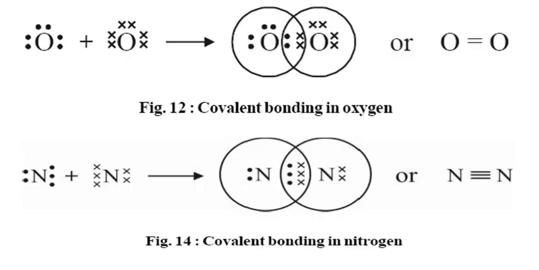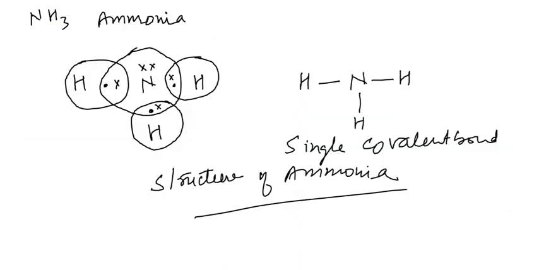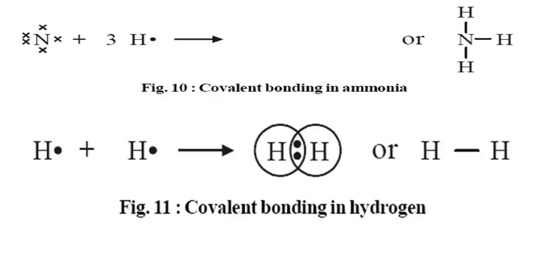So that is the single covalent bond in ammonia. That is the structure of ammonia. So let us see in this oxygen and oxygen.